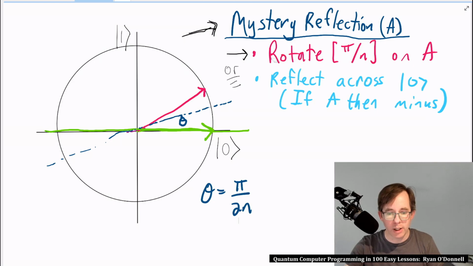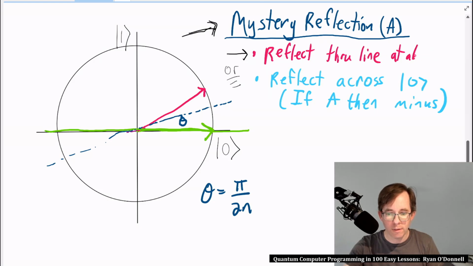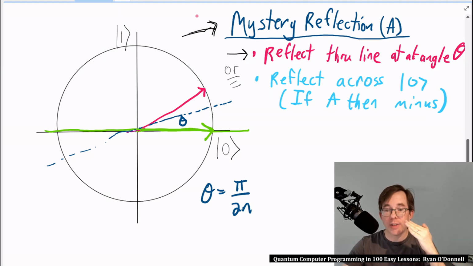Second possibility is we're doing reflection through the line at angle theta. Okay. And let's imagine that this is your subroutine that you get to call if you want. You can't look inside to see the source code, but it's either this reflection through the line at angle theta, or it's a reflection across the horizontal axis 0.